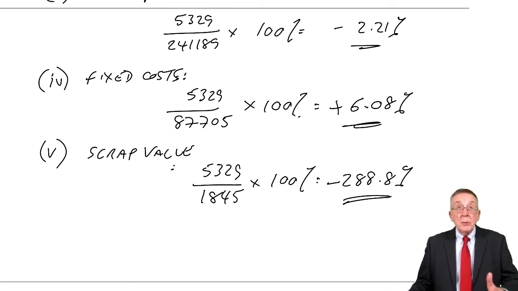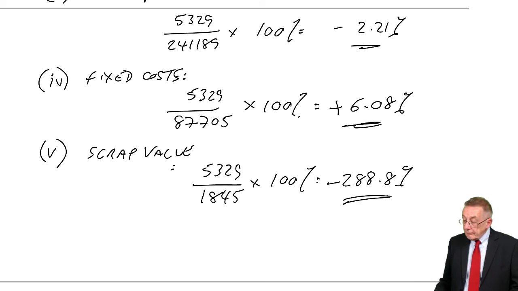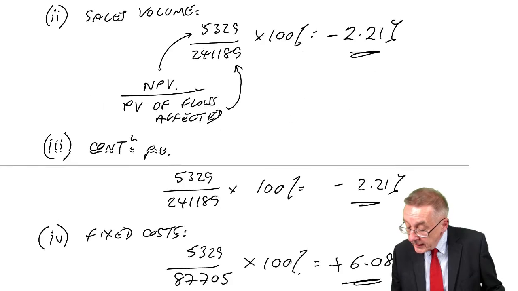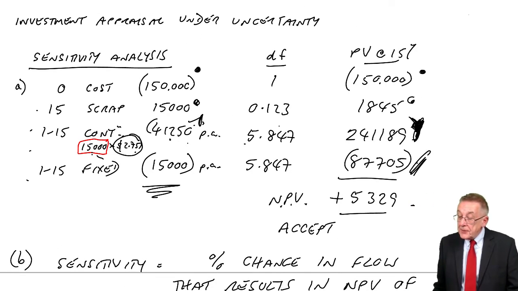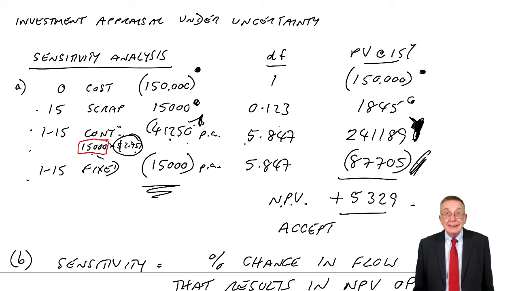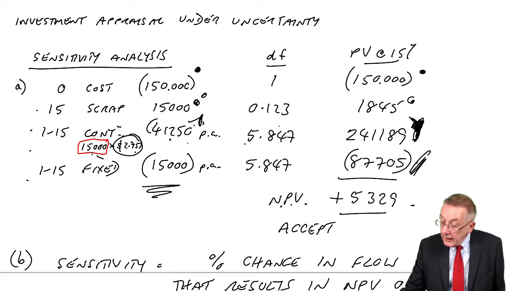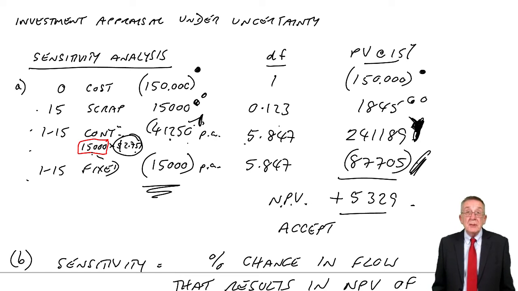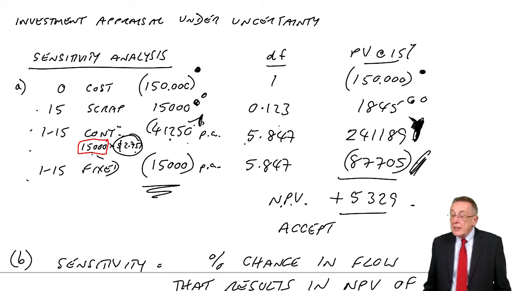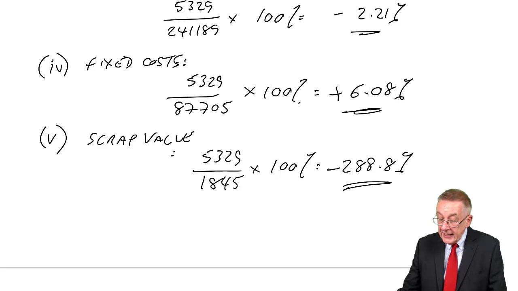And you'll be negative, only worried if scrap value falls. Now, don't leave silly answers, in that in any normal situation, surely the minimum scrap value would be 0. And even if the scrap value went down to 0, well, the present value of it would be down to 0, but the NPV would still be positive. And so, don't just leave 288%. We would say it's not sensitive at all.